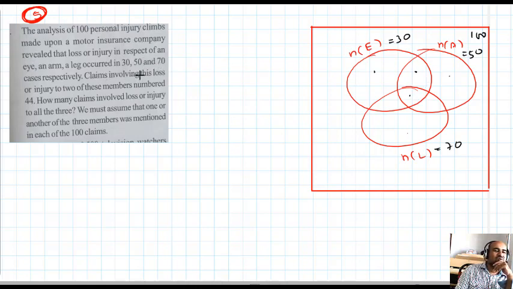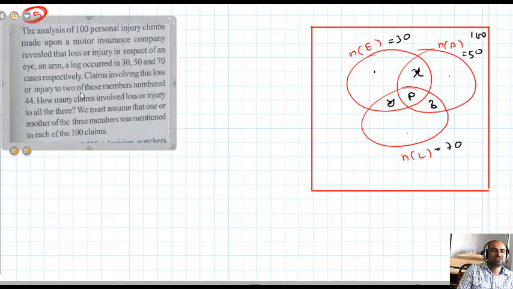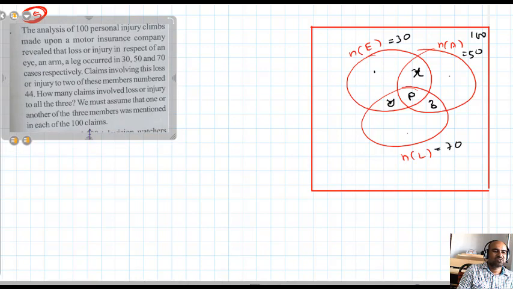Claims involving loss or injury to two of these members, what is that? Two of them is this plus this, equal to 44. I will write down: this is X, this is Y, this is Z, so this is P. So not at all an easy problem. I want to reduce the size of this because already everything is mentioned.